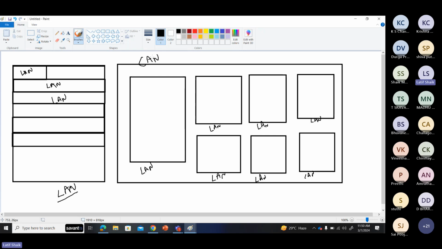So within the department, LAN communicates, but different LANs are combined together and we can share information and communicate with each other. That is called CAN, campus area network. I'm telling in terms of geographical region.